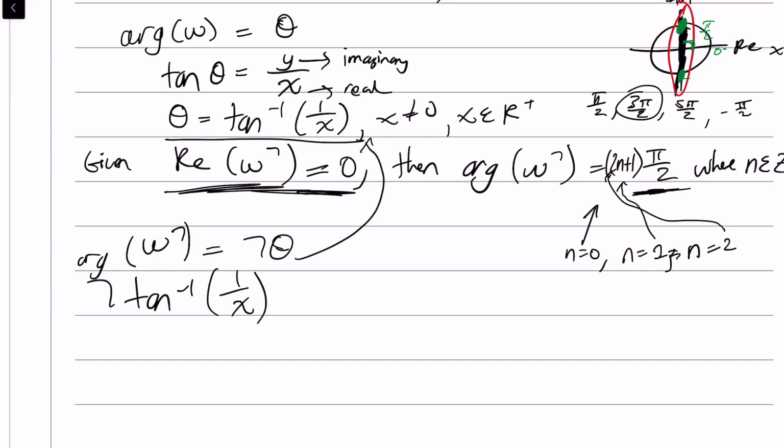I said that was going to be the inverse tan of 1 over x, so I'm just substituting that here. And that's equal to (2n plus 1) times pi over 2.